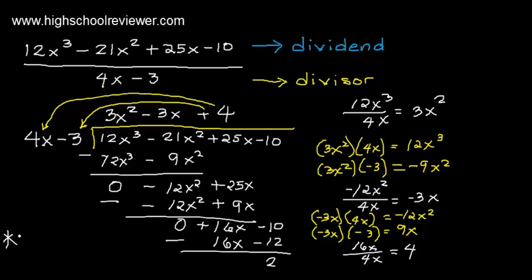We will have 3x squared minus 3x plus 4 plus the remainder, which is positive 2, divided by the divisor, which is 4x minus 3. And this is our final answer.